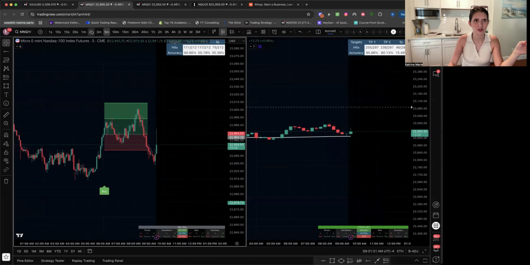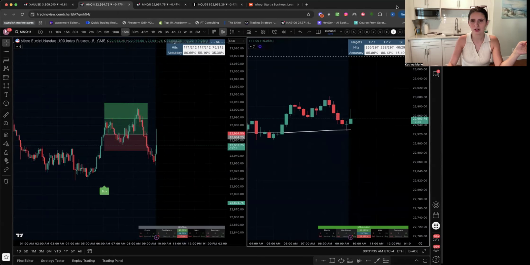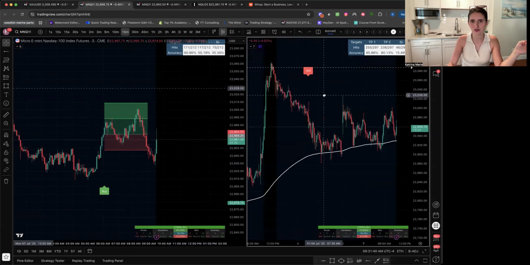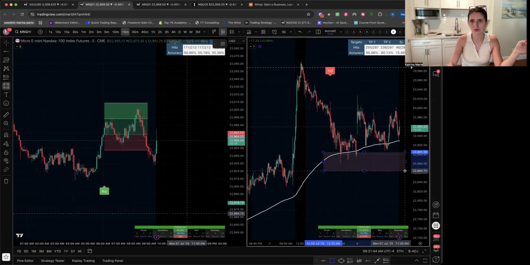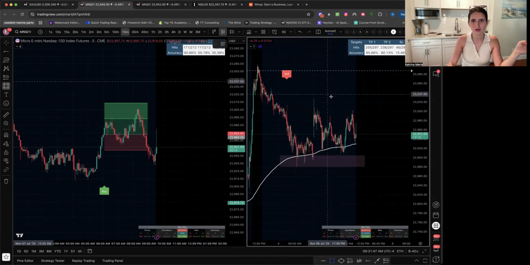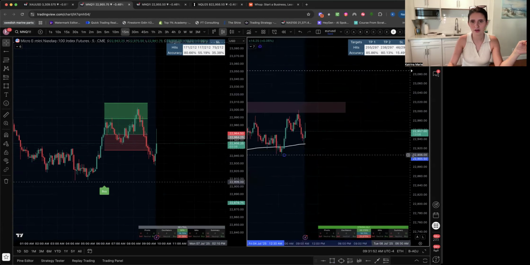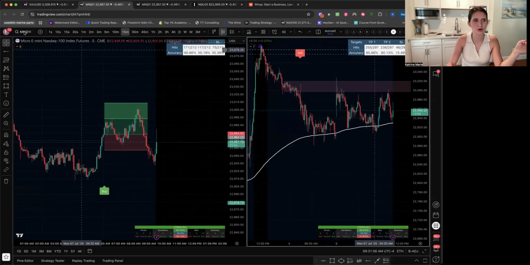Perfect. So here is the 5-minute, the market is open now. I would say we just stayed in this little range. So this is the low area, the high area. Where did this go? It disappeared on me.